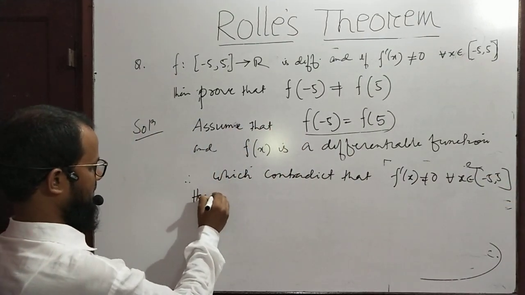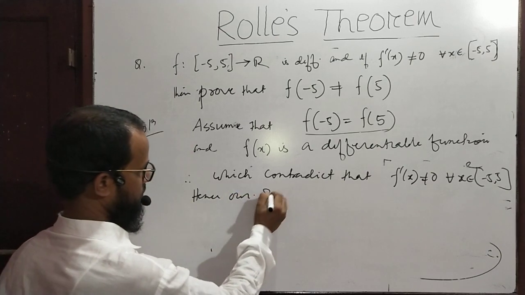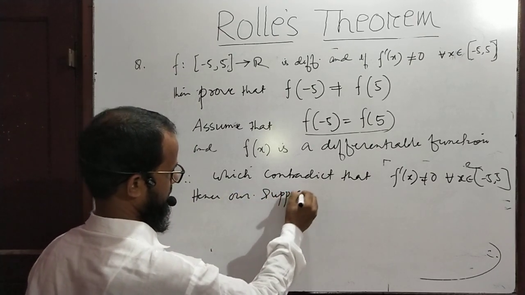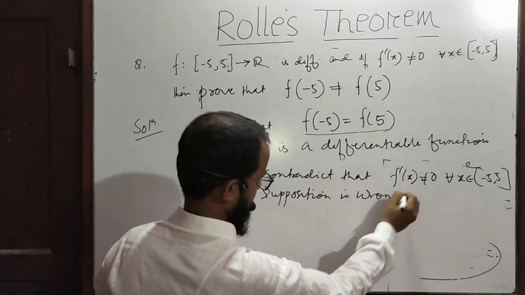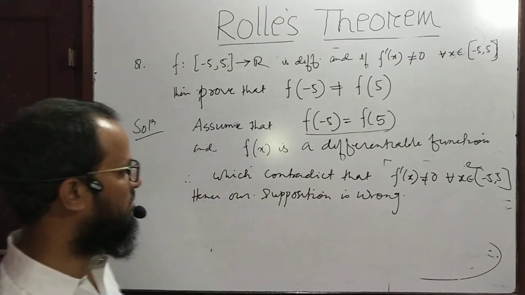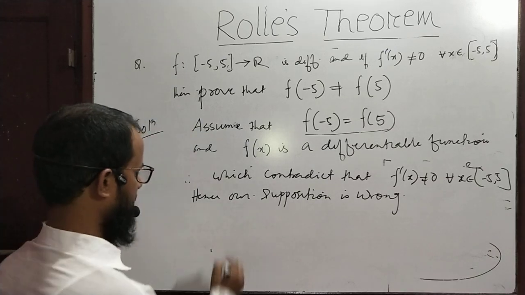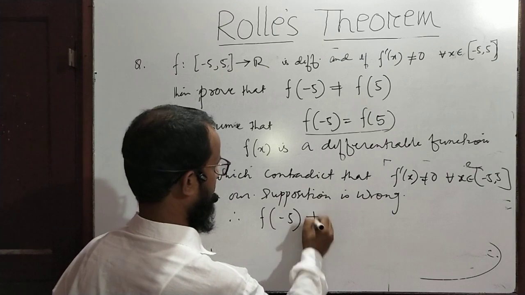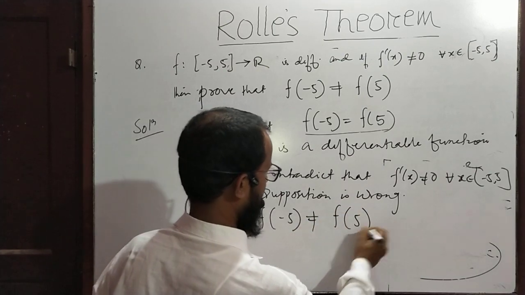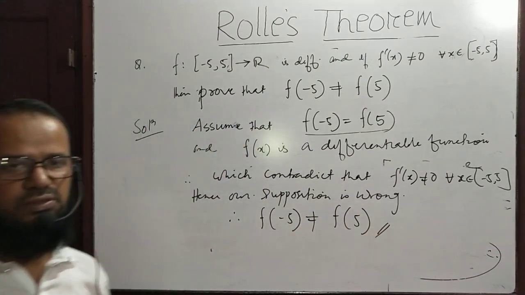Hence our supposition is wrong. So f of minus 5 is not equal to f of 5. Hence proved.